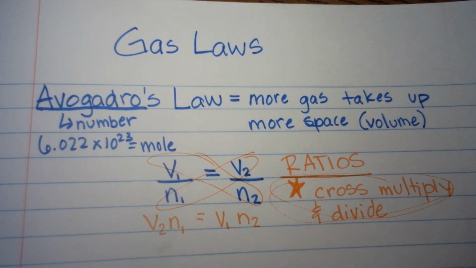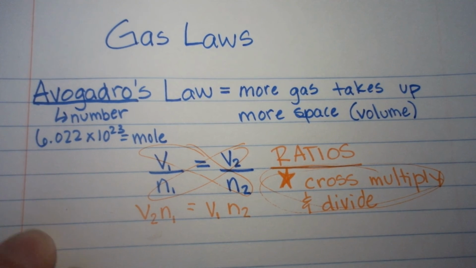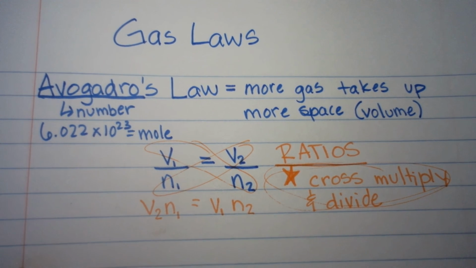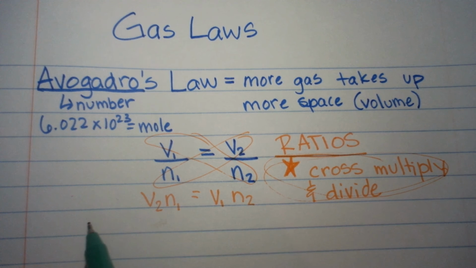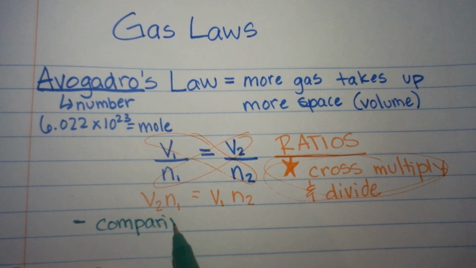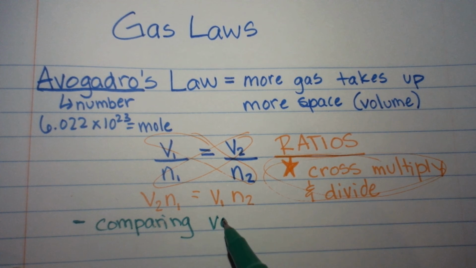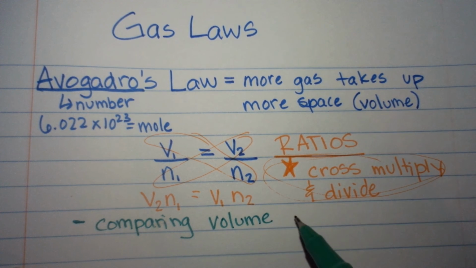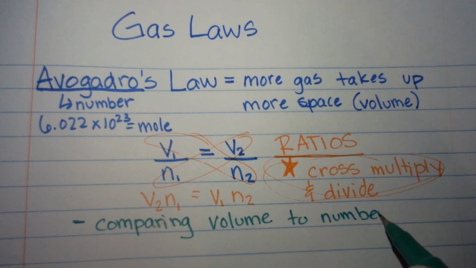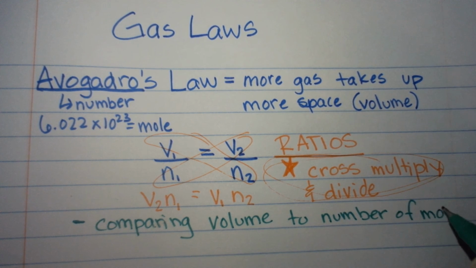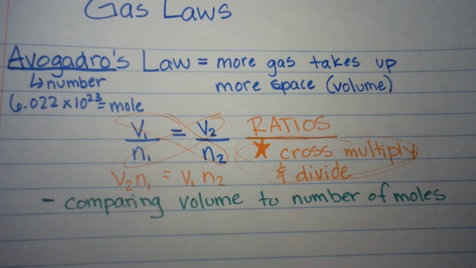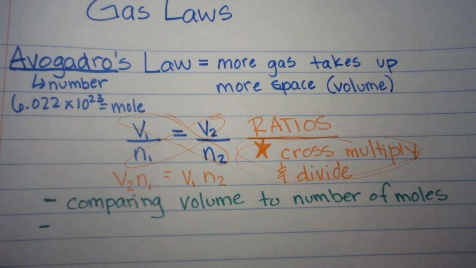And then a question that you'll be asked for each of these gas laws is, what is being compared? So for Avogadro's law, we are comparing volume to number of moles. And so that means something has to be constant.